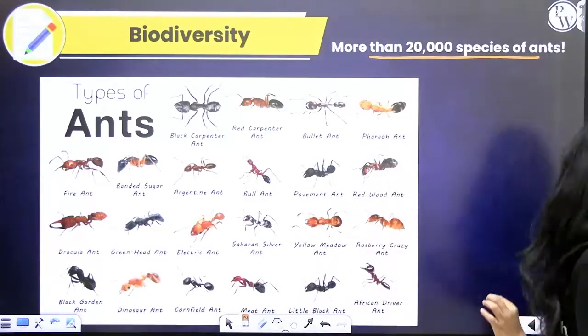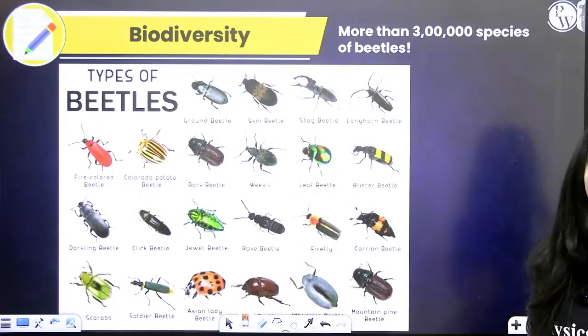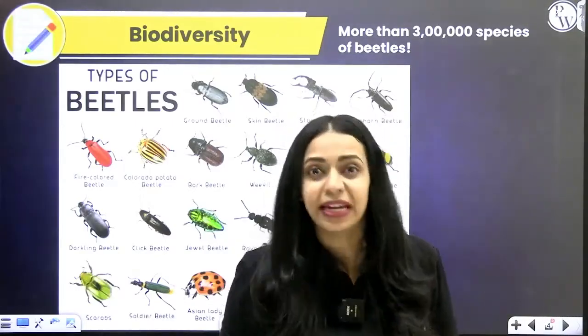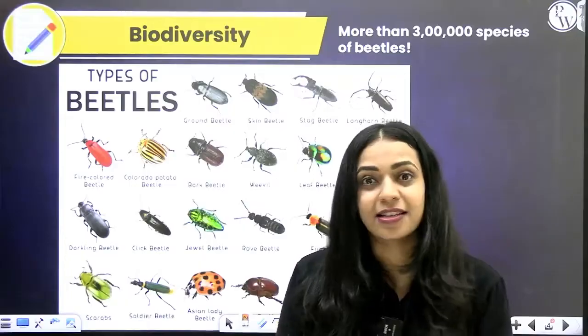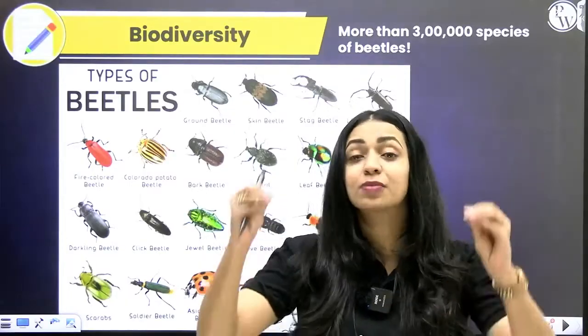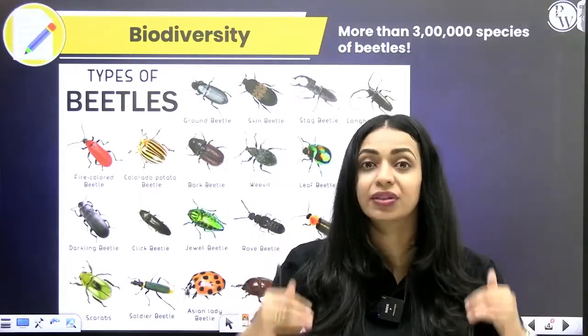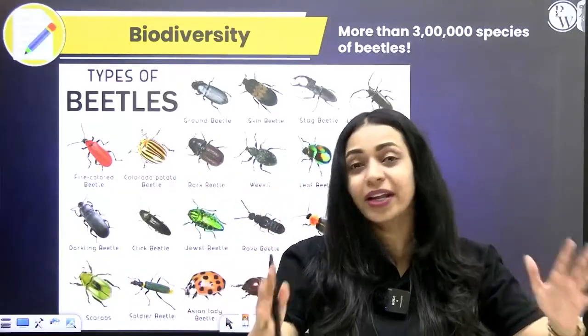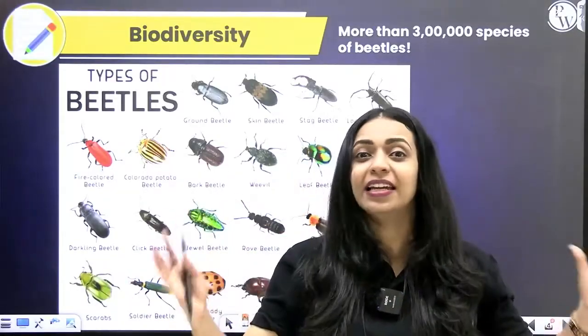Very similarly, there are more than 3 lakh species of beetles. Beetles are another group of insects. Just beetles alone are more than 3 lakh species. I want you to wrap your head around what exactly I mean by 3 lakh species.